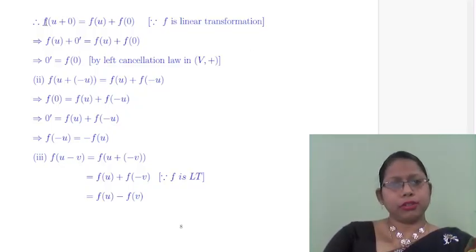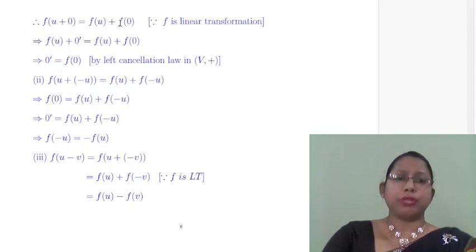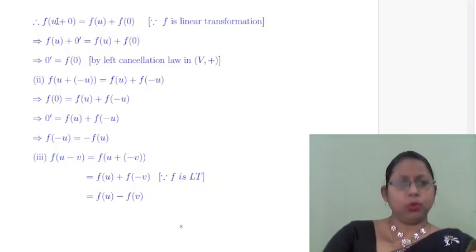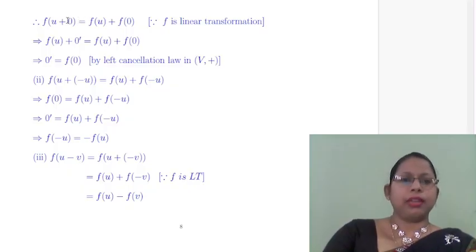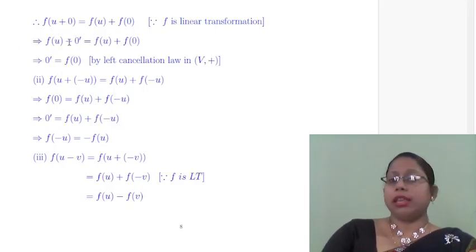Since f is a linear transformation, this can be written as f of u plus f of 0. So this is f of u plus 0 dash of V, as f of u is an element of V. Adding 0 dash to that element does not create any change, as V is a vector space, and the right hand side will remain as it is.